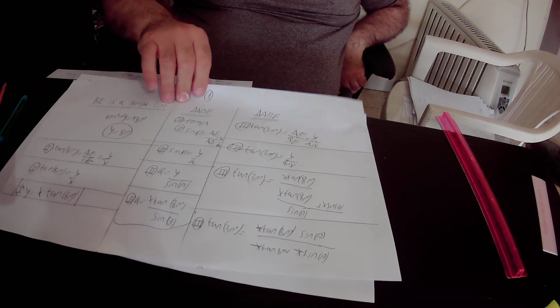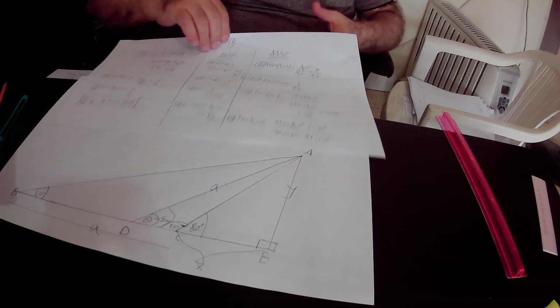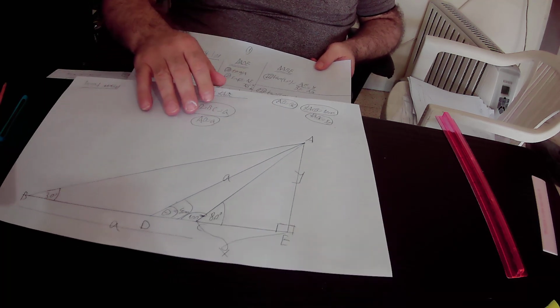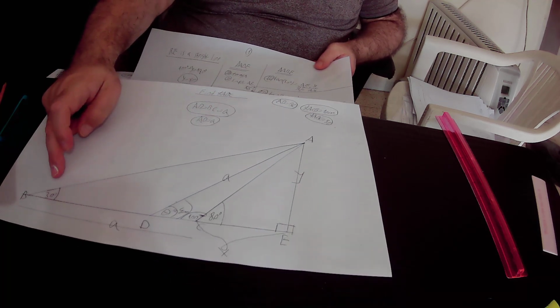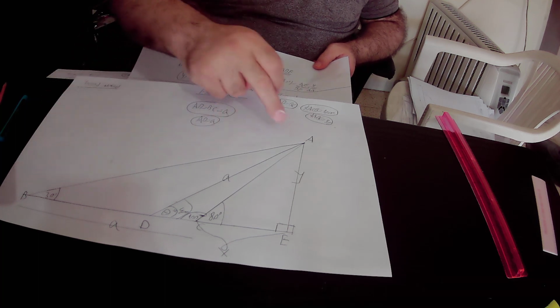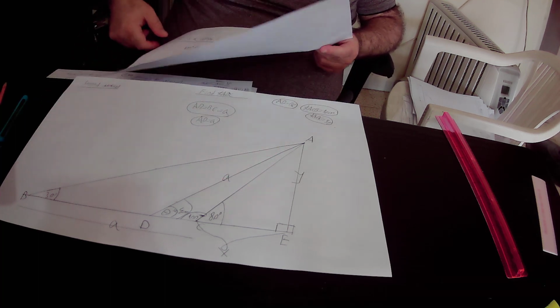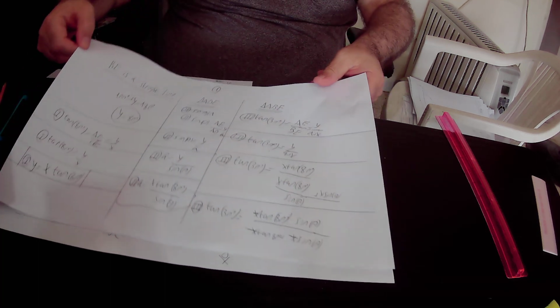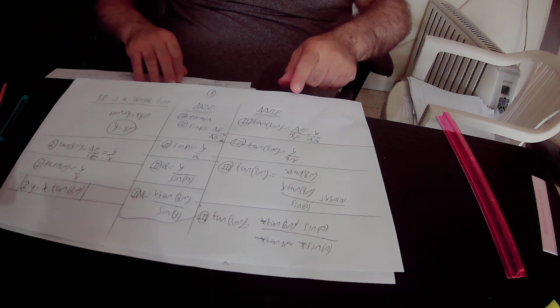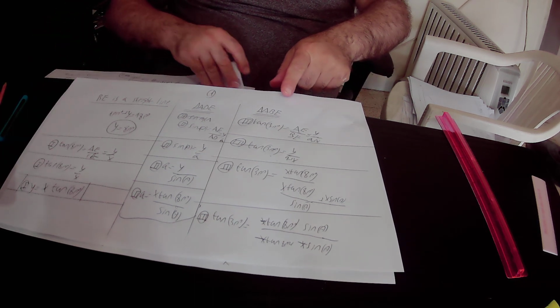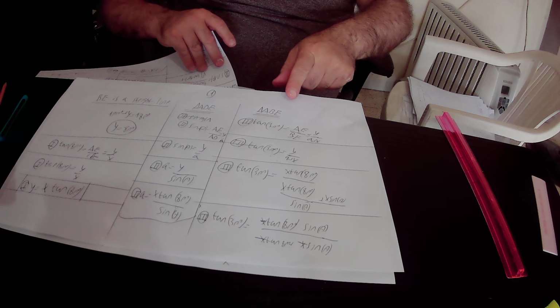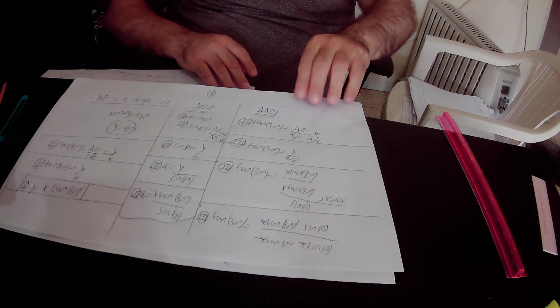Then we focused on the right triangle ABE. In the right triangle ABE, we know that tangent 30 degrees equals AE over BE.